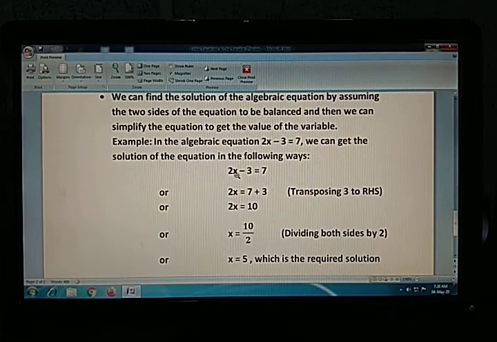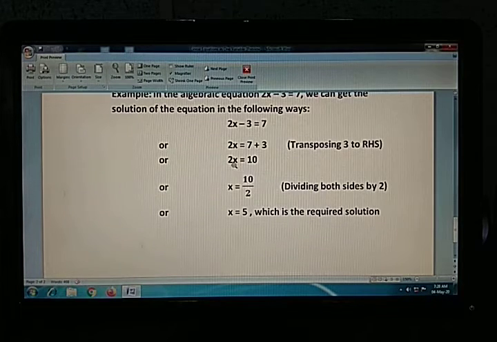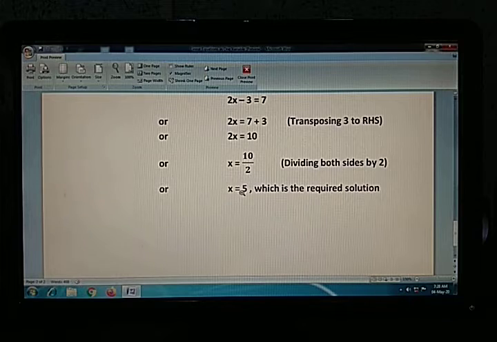Here what you have done, you have transposed this 3 to the right hand side, and here on the left hand side it was minus, so after transposing it will change the sign, it will be plus. Then we got this much, and then we divided both the LHS and RHS by 2. So we got the solution, that is x equals 5. Clear? So in this way we can find out the solution of the algebraic equation.